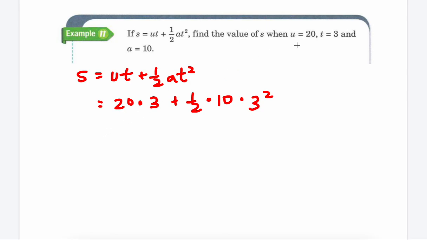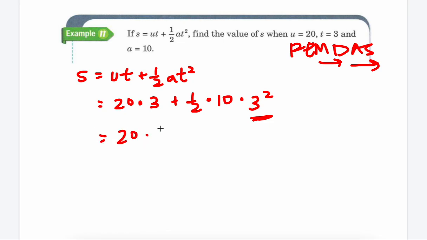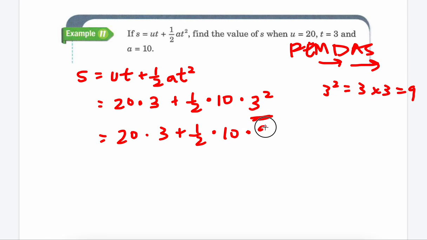Okay, now remember PEMDAS. I don't have any parentheses. I do have an exponent, so let's try that first. 20 times 3. These I'm not touching, so I'm just going to rewrite them. Times 3 squared is really 3 times 3, which is 9, so I'm rewriting as 9.